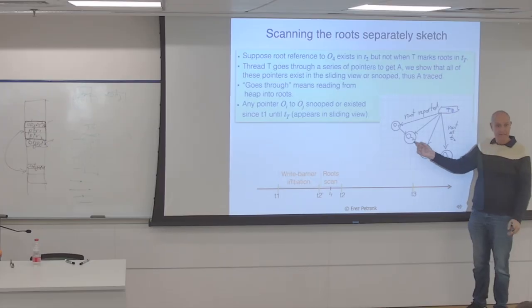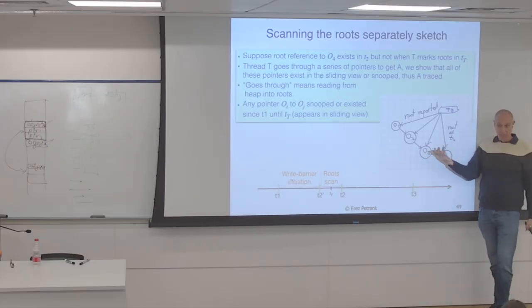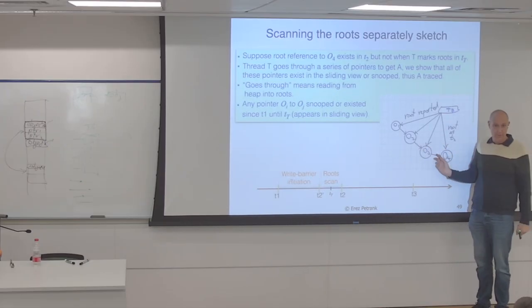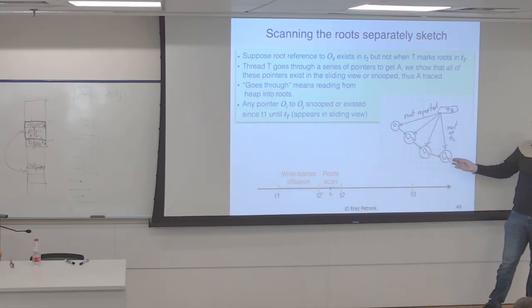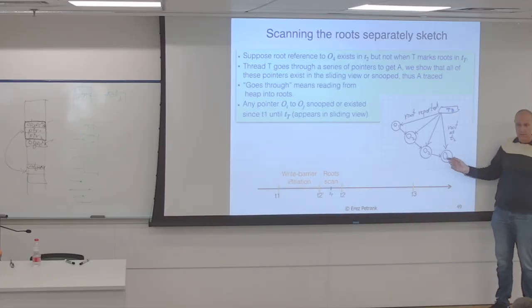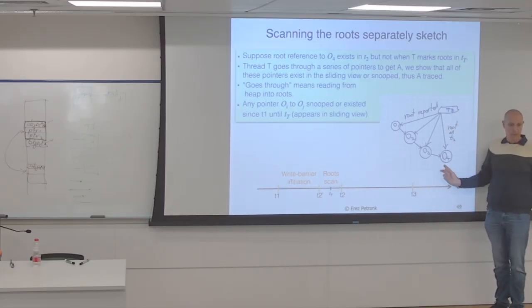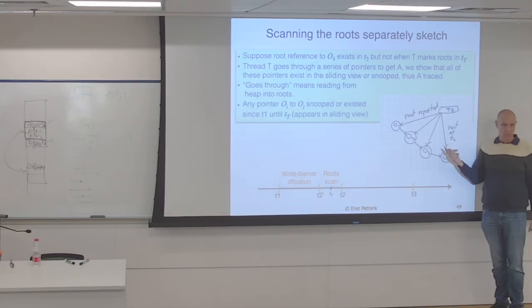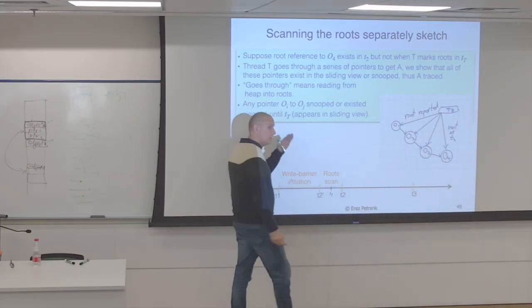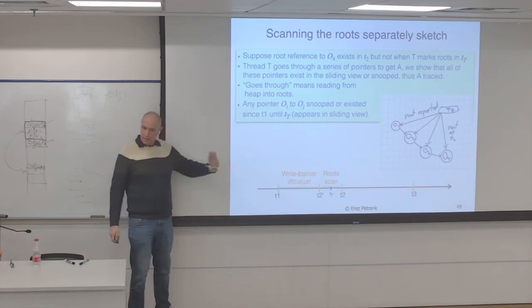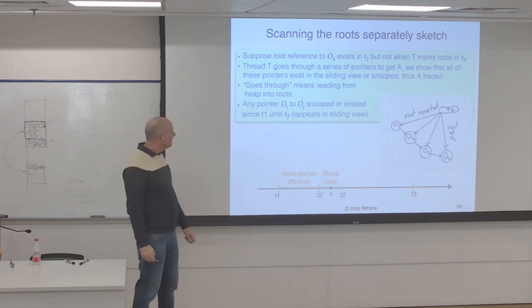It was added later, but because of the snooping, whatever is added, I also see. So I'm bound to see all these pointers, and so I'm bound to see also the object that the roots point to at time t2. And so because of that, I can also read the roots one by one and be okay.